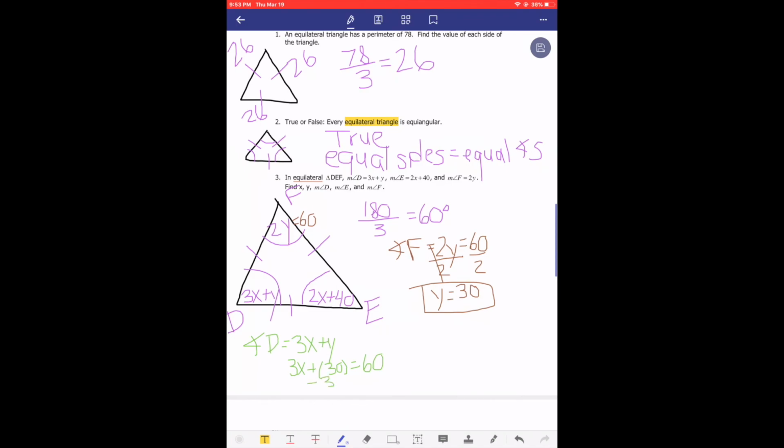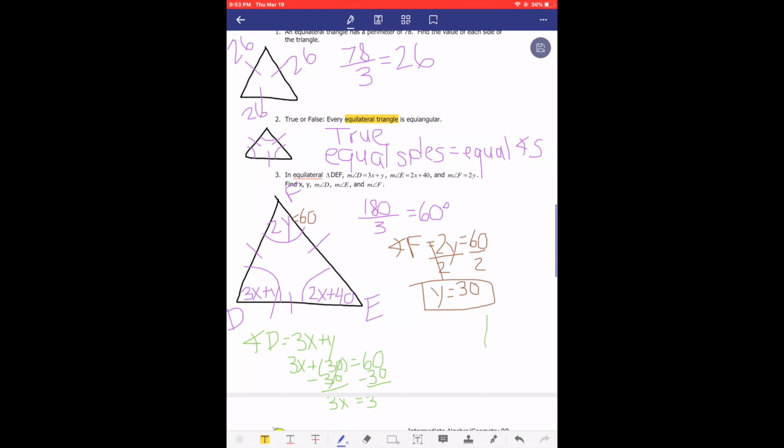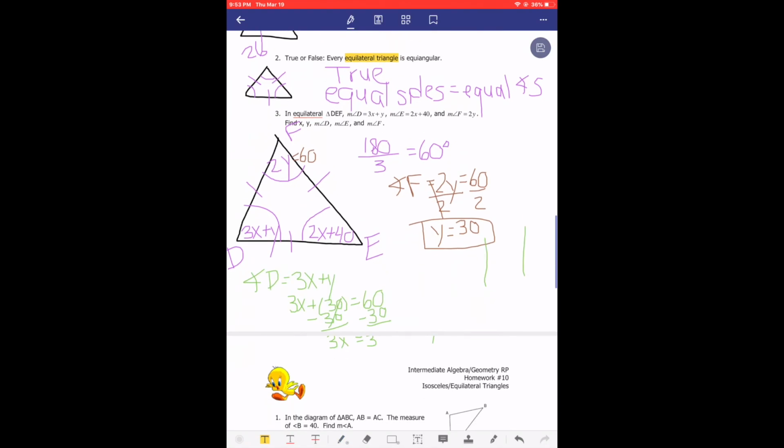I would subtract the 30. 3x will equal 30. Divide by 3, and you get x equals 10. So I know that y equals 30 and x equals 10.